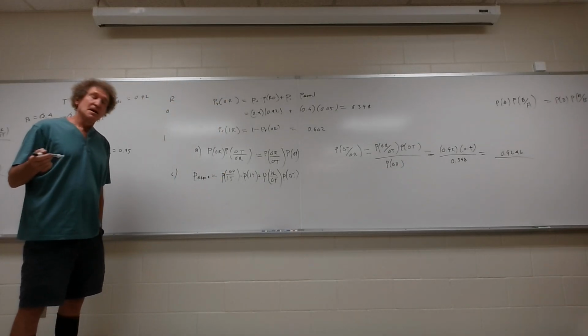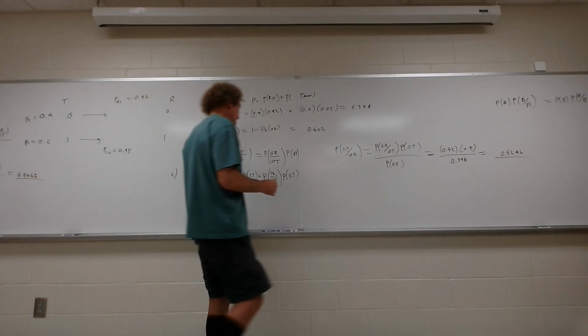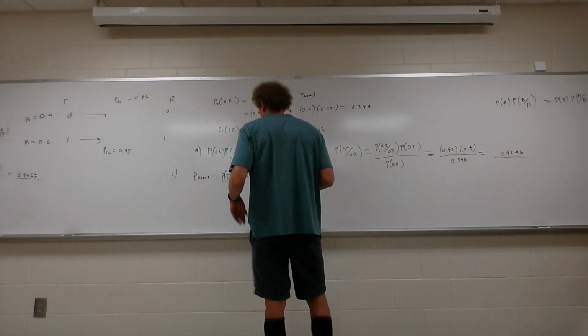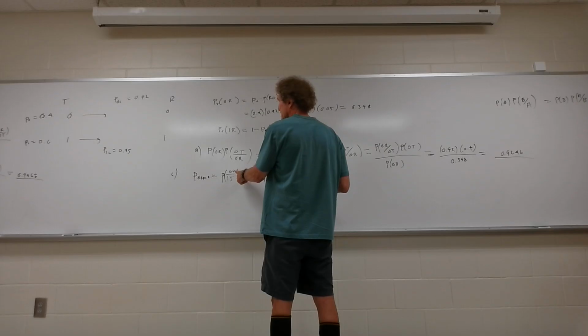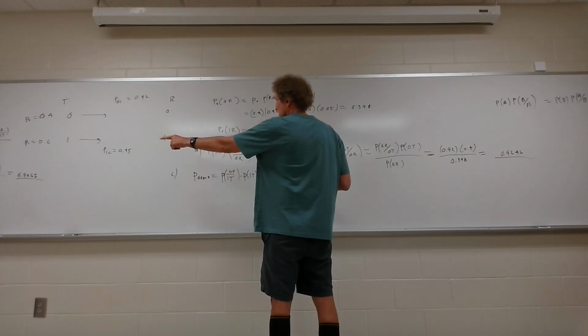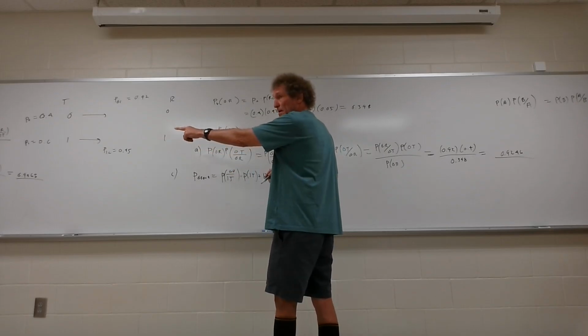Everybody with me? All right, what's that going to be? Well, probability of a 1 transmitted and a 0 received is really the error rate associated with the 1, right? Do you agree with that?